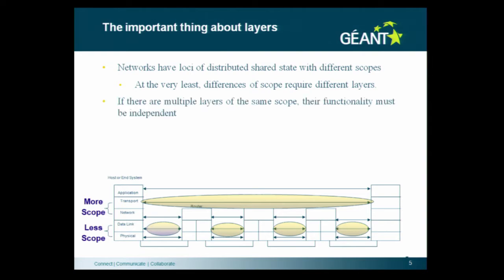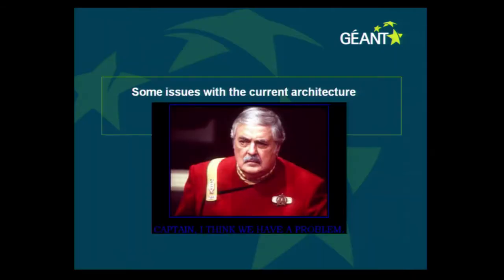And if there are multiple layers of the same scope, their functionality must be independent, because otherwise you would have two layers trying to share state between the same endpoints, which doesn't really make sense. You want to keep the functions in the same layer. So for instance, our current architecture is roughly this architecture, but the data link and the network layer right now have mostly the same scope. So there are some issues with the current architecture.